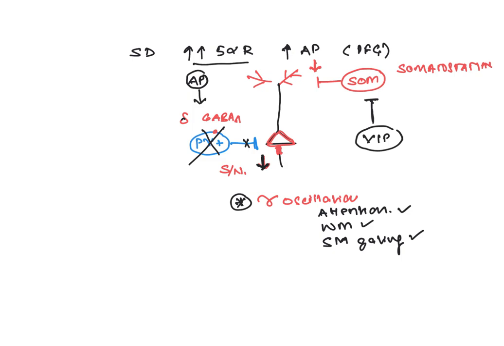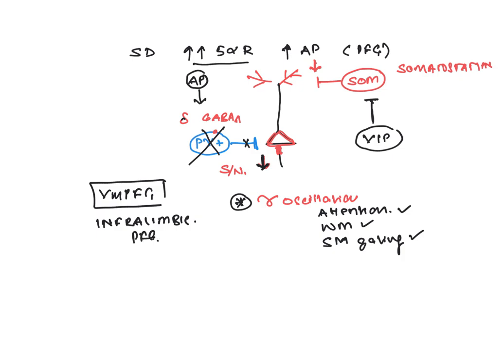And so what happens now? This particular phenomenon usually happens in the ventromedial prefrontal cortex. And the ventromedial prefrontal cortex in animals is called the infralimbic prefrontal cortex.